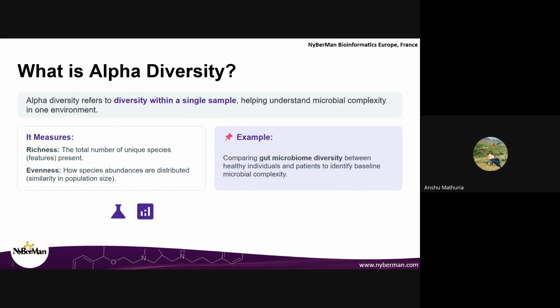So what do I mean by richness? Richness is the total number of unique species that are present, or features, because in our nomenclature we use features as one of the terms that comes from the data itself. It checks how many species are unique. Say there are 10 bacteria present.